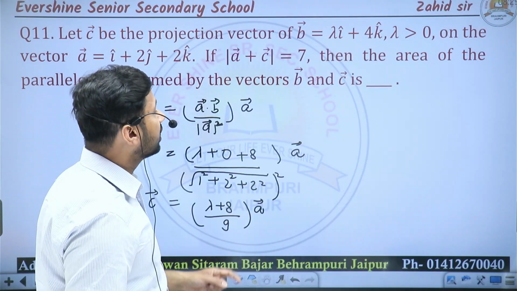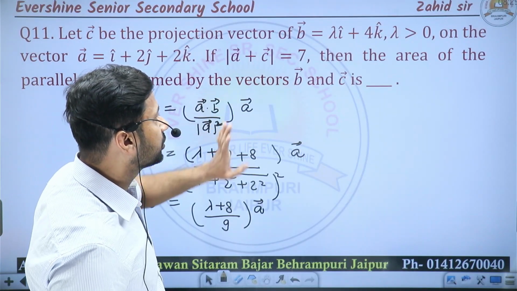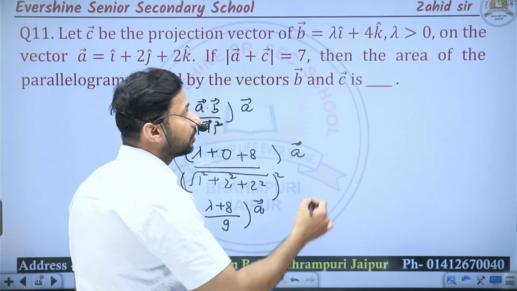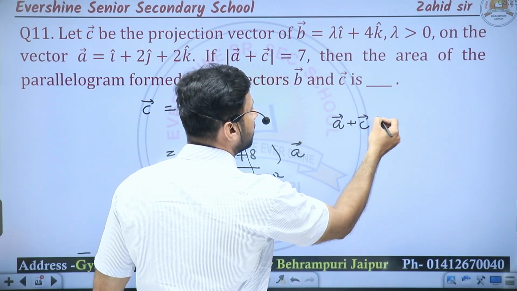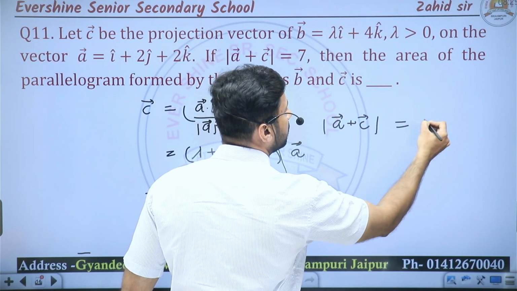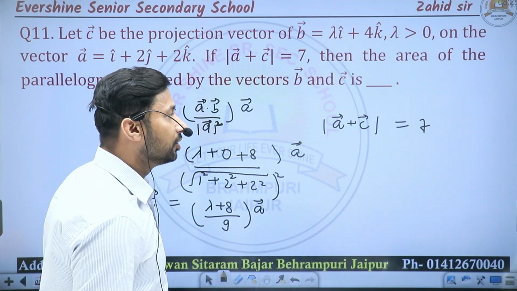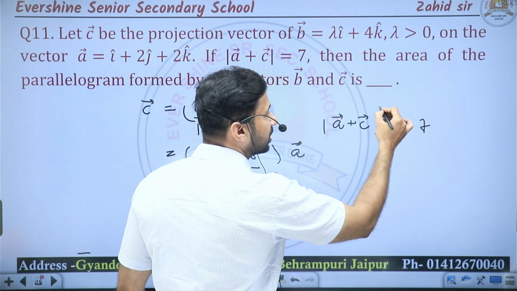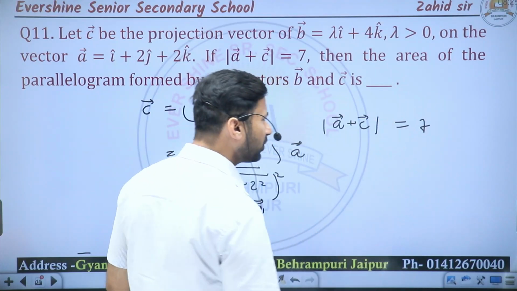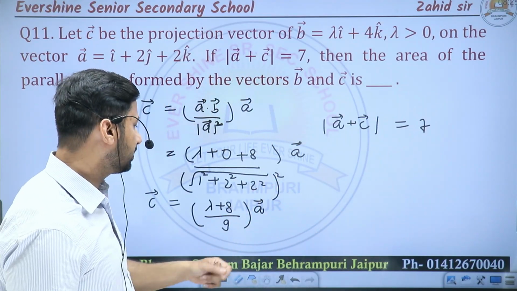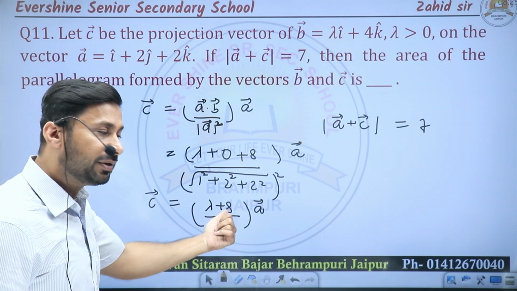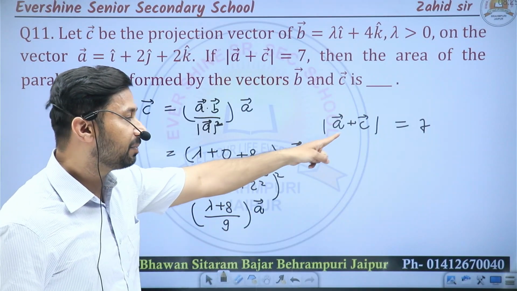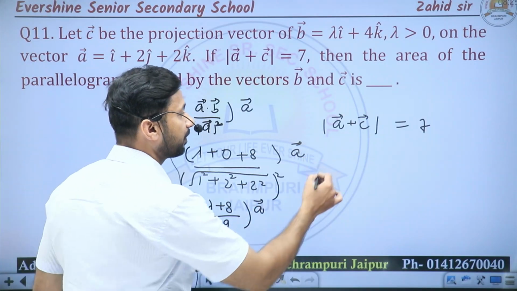Now next, you are given A plus C magnitude equals 7. So here I can write the magnitude of A plus C equal to 7. I can find it by squaring both sides, or I can put the value of C to simplify it. C is lambda plus 8 by 9 A. So I can replace C by this value.